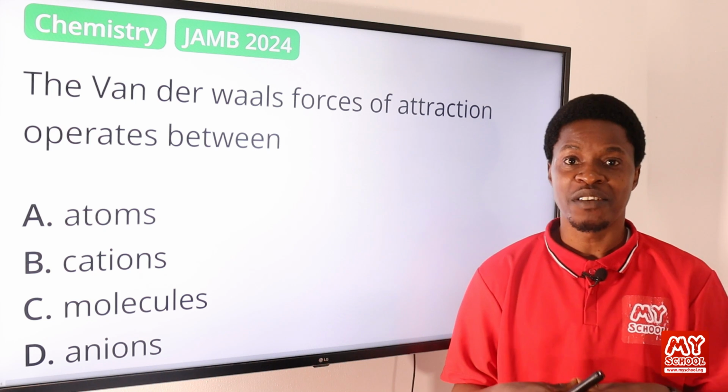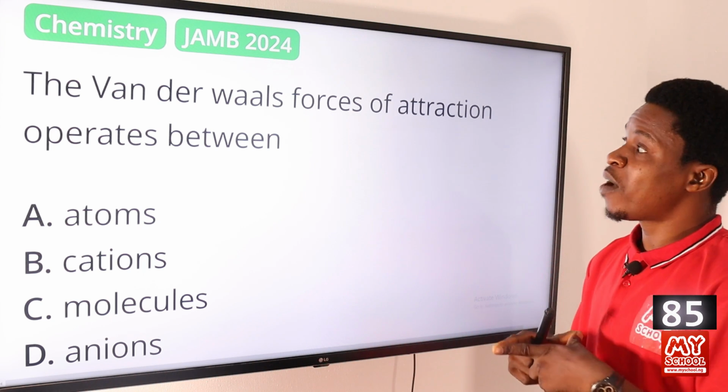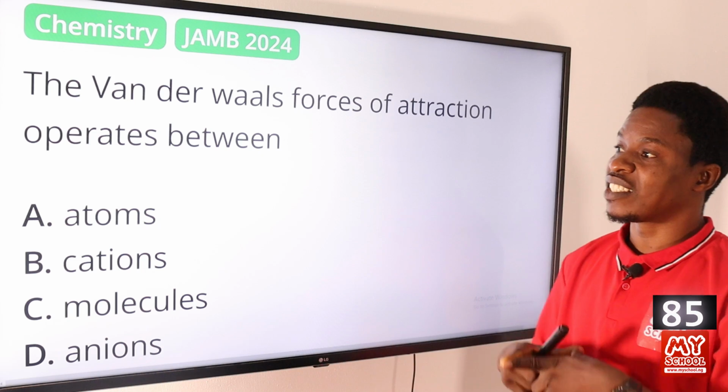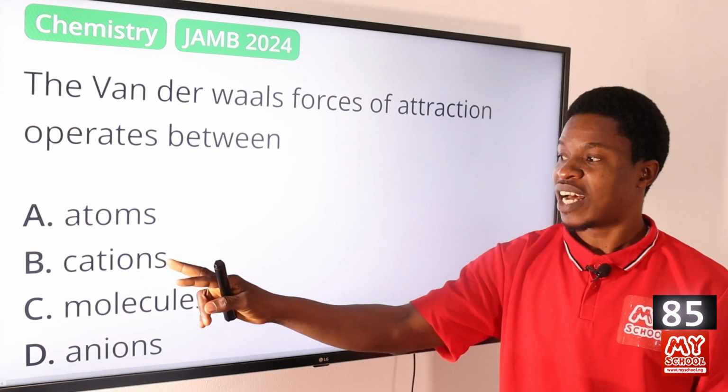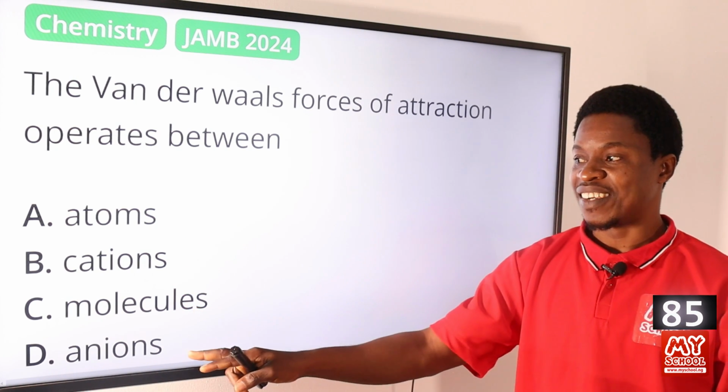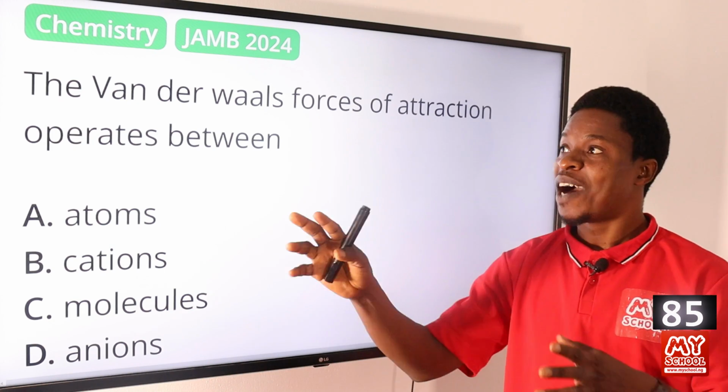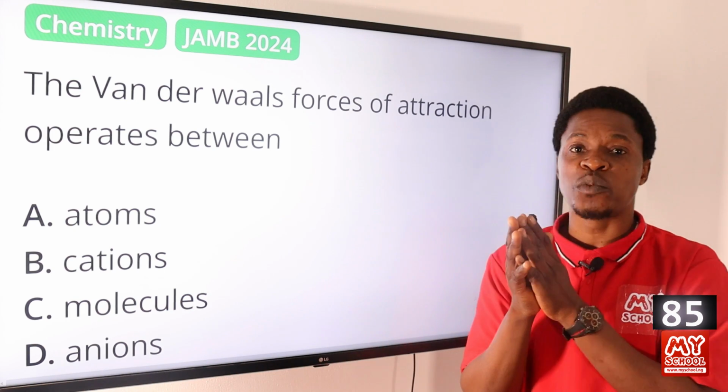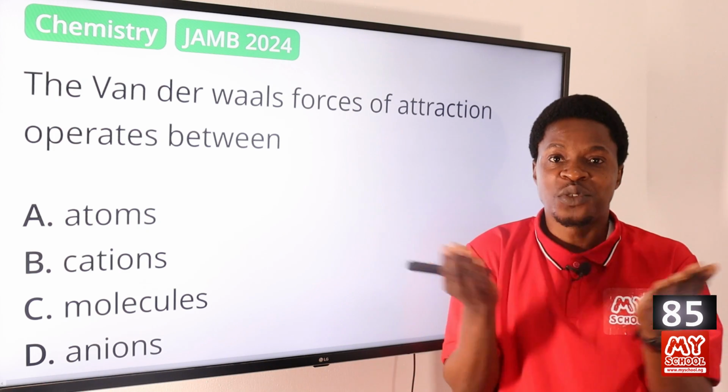Now, let's move on to question number 85. The van der Waals forces of attraction operate between atoms, cations, molecules, and anions. This is actually molecules. The van der Waals forces of attraction operate between molecules that are close to themselves.